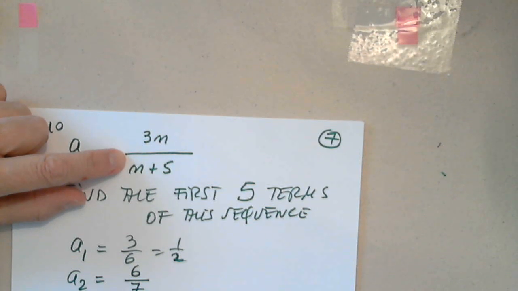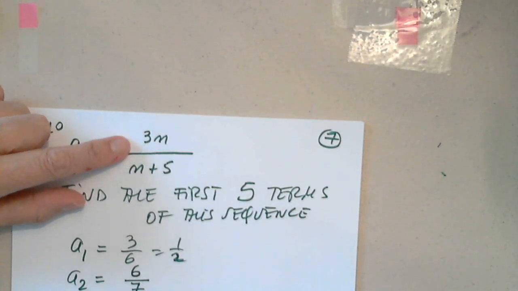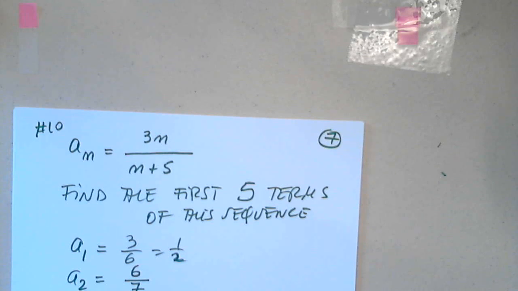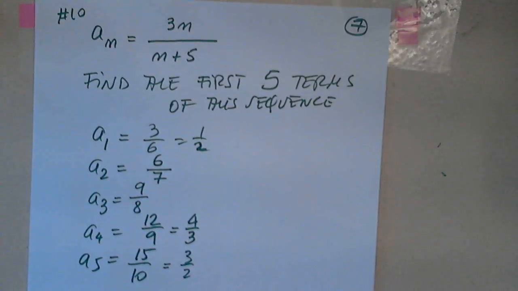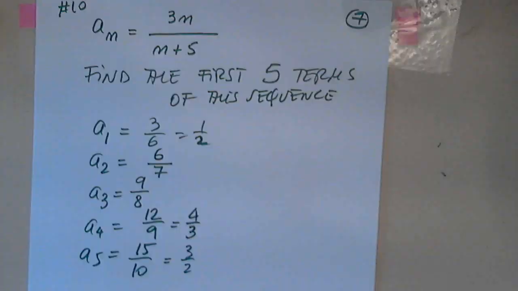For 3, 9 over 8. With 4, 12 over 9, which is simplified by 3 into 4/3. And with 5, 15 over 10, which simplified by 5 is 3/2. And that's it. That's all we're asked to do.